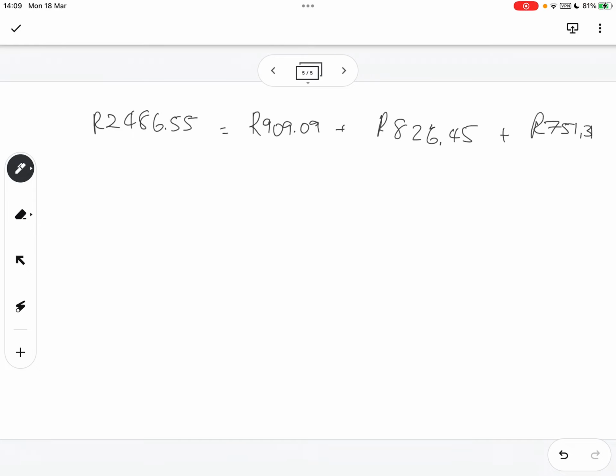So we know that the accumulated amount is 2,486.85, and it equals the sum of 909.09 plus 826.45 plus 751.31, and this is 1,000 times (1 plus 0.1) to the power negative 1, plus 1,000 times (1.1) to the power negative 2, plus 1,000 times (1 plus 0.1) to the power negative 3.